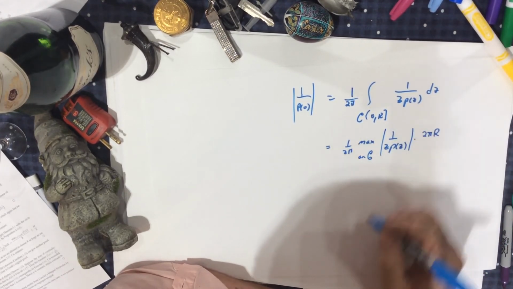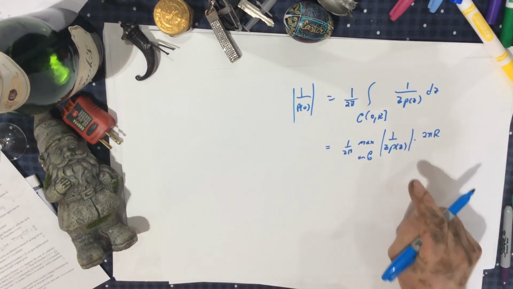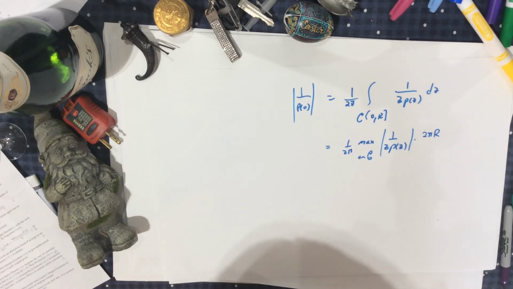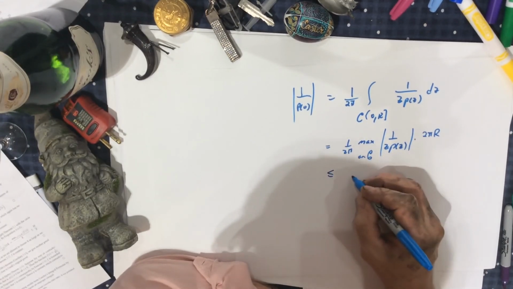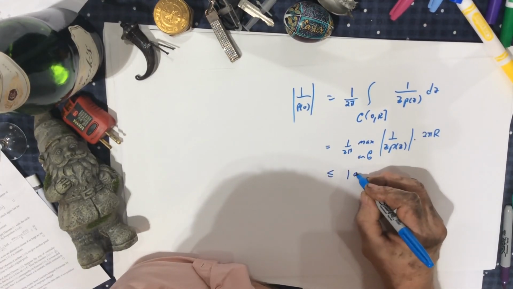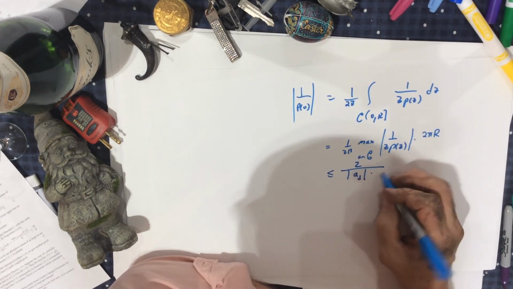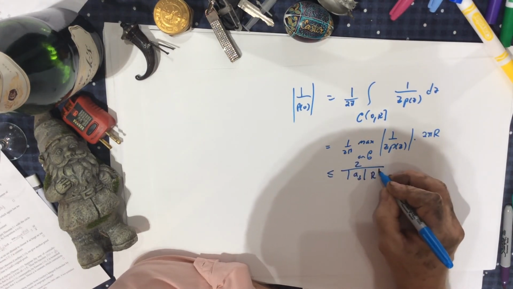And this is the modulus. But we know how we had just bounded the modulus before with our inequality. And so now we're going to put in that a of d z to the d. And so this will now be less than or equal to 2 over a of d times r to the d-th power.